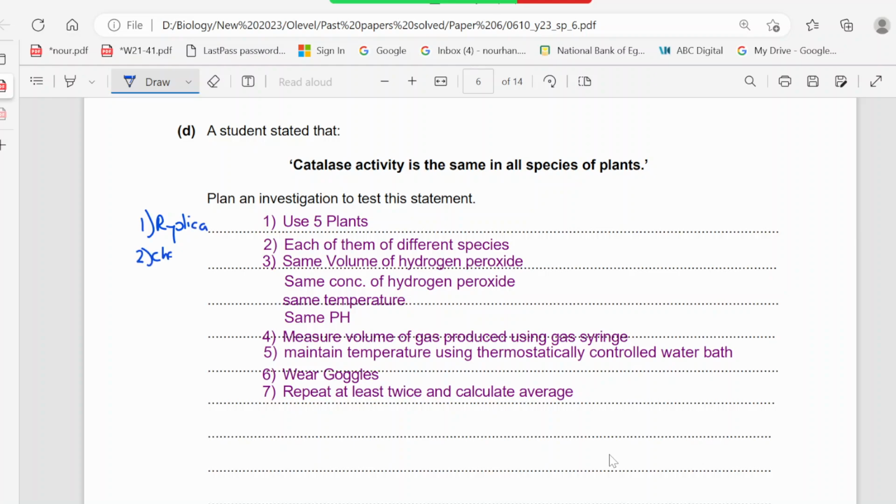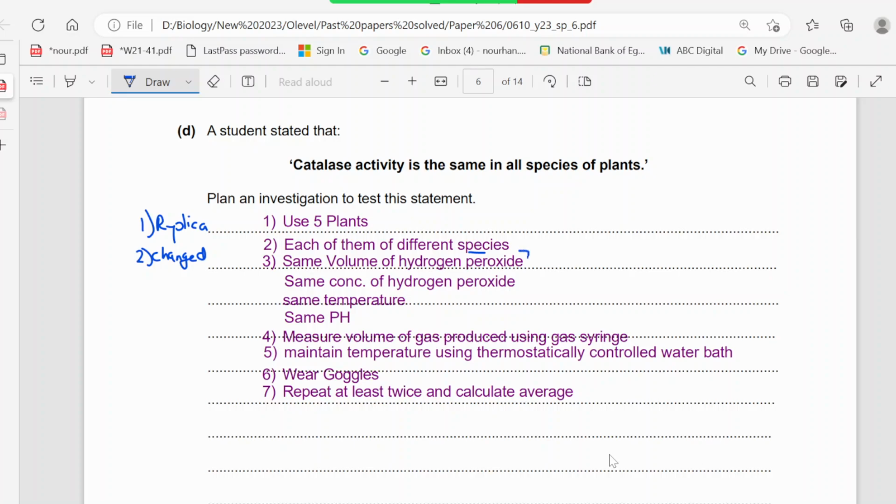Number 2, changed variable. What am I going to change؟ Each of them of a different species, because I want to check لو الكتاليز activity في كل species of plants are the same ولا لأ. So ايه اللي انا هغيره؟ I will get plants of different species.